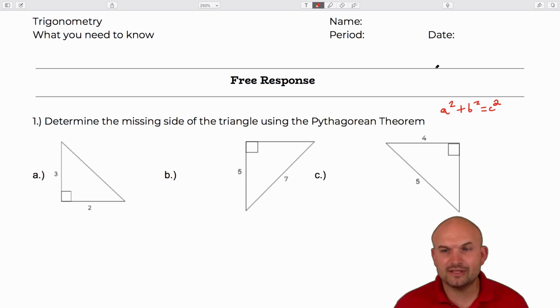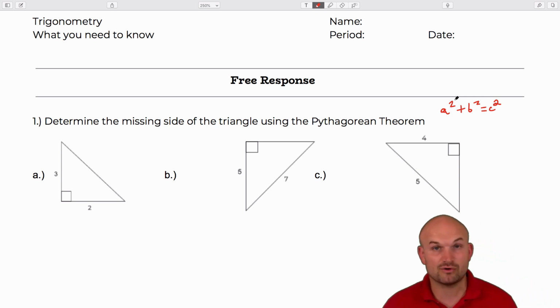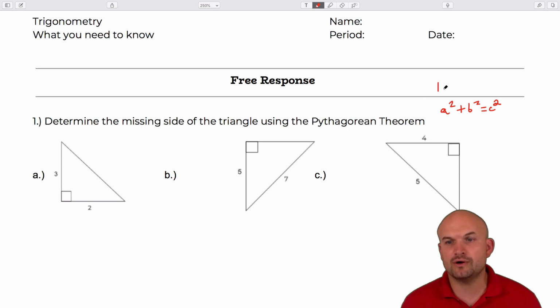Now, the important thing to remember with the Pythagorean theorem is that a, b, and c is very easy to remember, but sometimes this gets confusing for students when we're dealing with triangles that have variables of x's and y's or expressions. So what I prefer to remember is that it's leg squared plus leg squared equals hypotenuse squared.